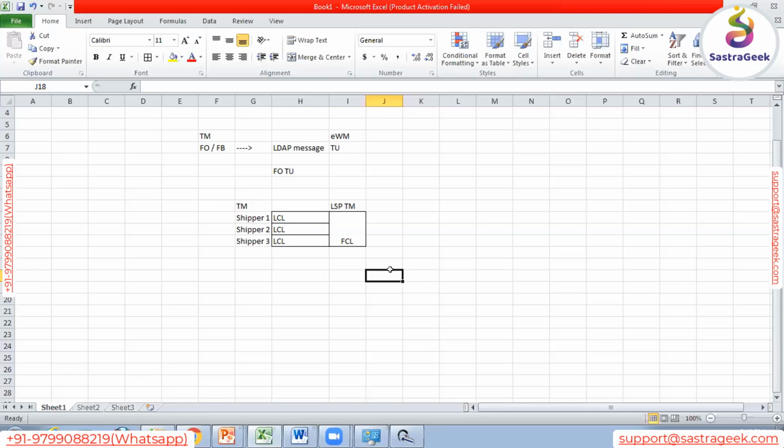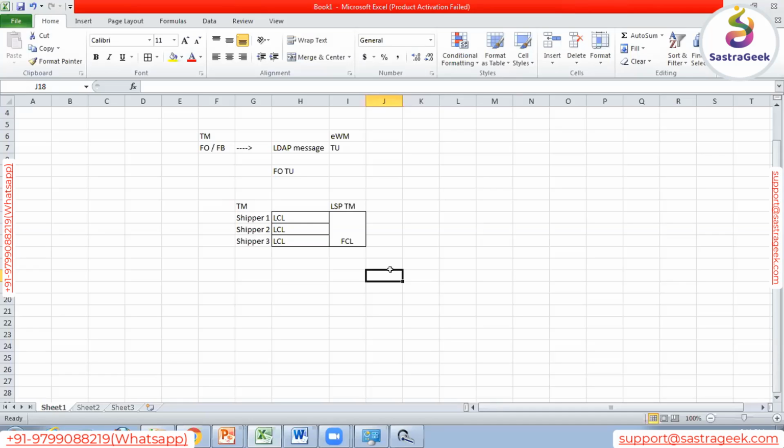For LTL, would it be only a single mode of transport, or can it be multi-mode? Less than truckload, truckloads are basically for trucks. So in general, it is used for the truck mode of transport.